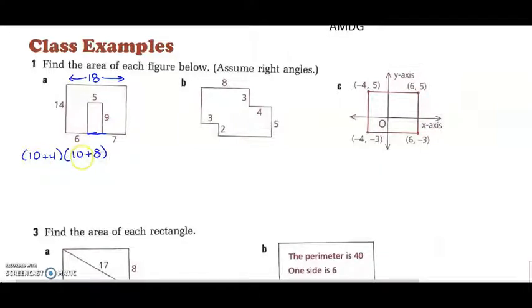And when I distribute, 10 times 10 is 100. 10 times 8 is 80. Then 4 times 10 is 40. And then 4 times 8 is 32. That equals 120, 220, 252. Then I need to subtract off this part.